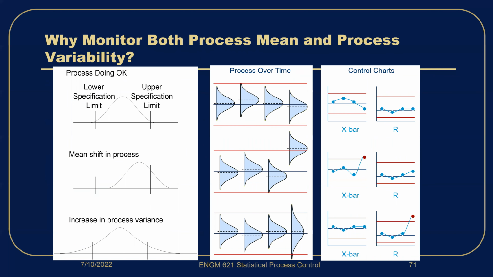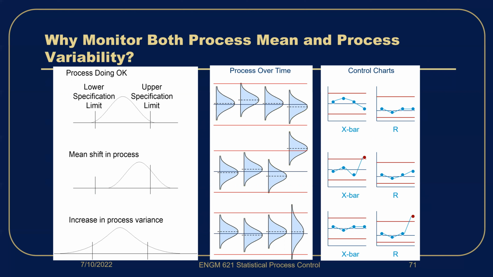And why do we need both the X-bar chart and R chart? Why don't we just use one of them? So here's the answer. When we monitor a process, we monitor it through monitoring its statistics. There are at least 2 statistics we care about, the process mean and process variability. Why do we need to monitor both?